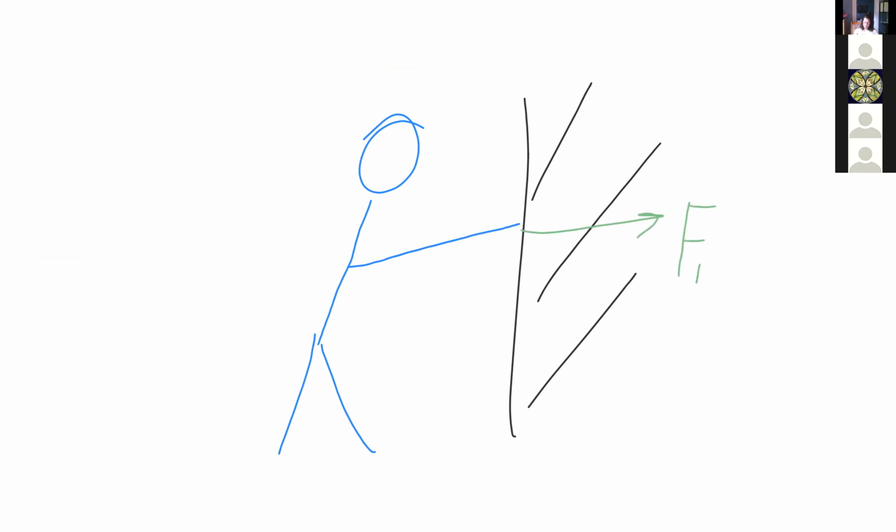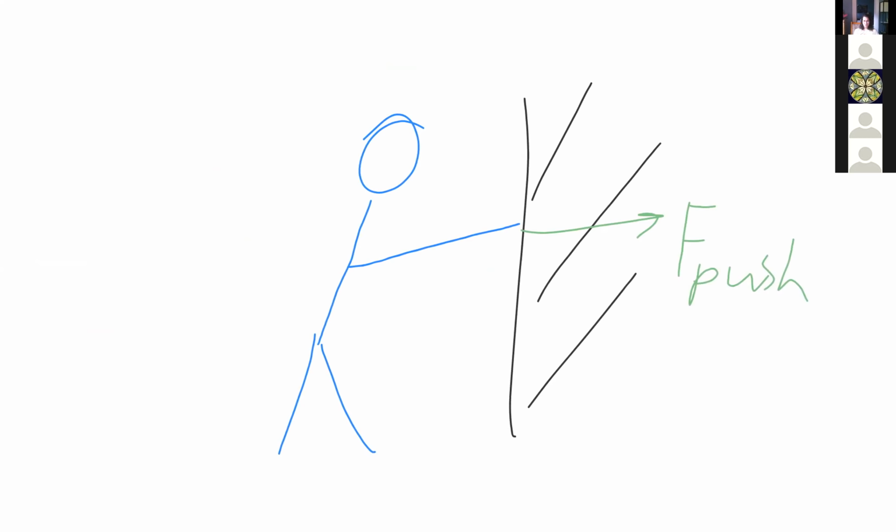Here's a wall. And let's say that there's a person who's casually leaning against the wall. When I casually lean against the wall, there's some amount of my weight that I'm supporting with the wall, right? So that is my push force that I'm pushing against the wall.